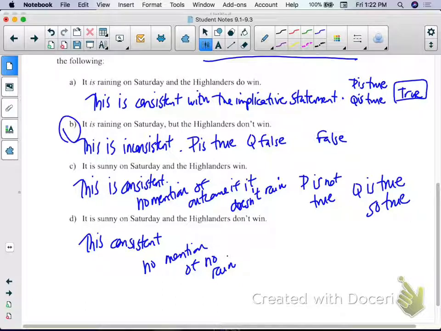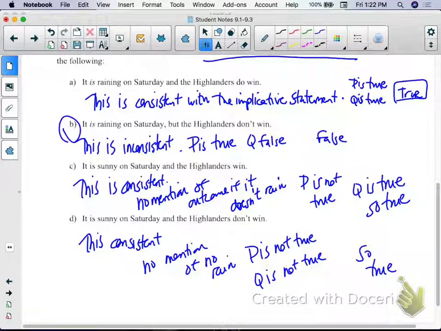So P is not true, Q is not true. So true, again, just because we can't prove it false. That's kind of a little bit weird, and like I said, you'll have that written out so that you won't have to memorize it all, but it can be a little tricky.